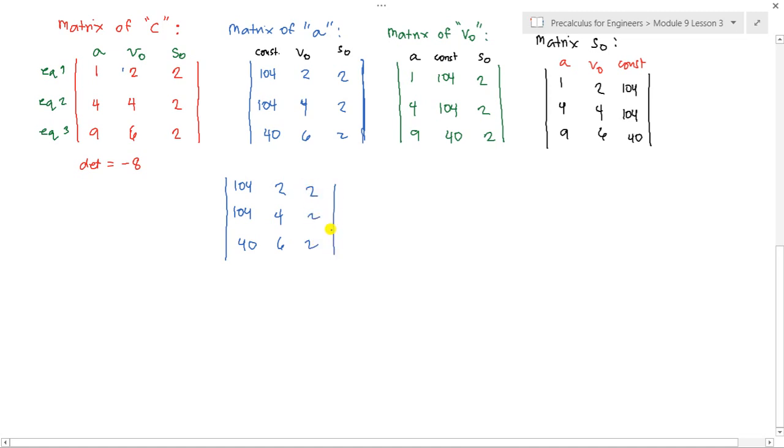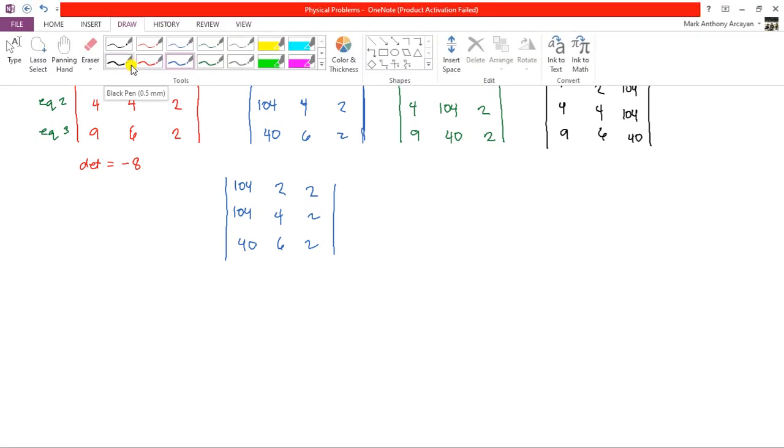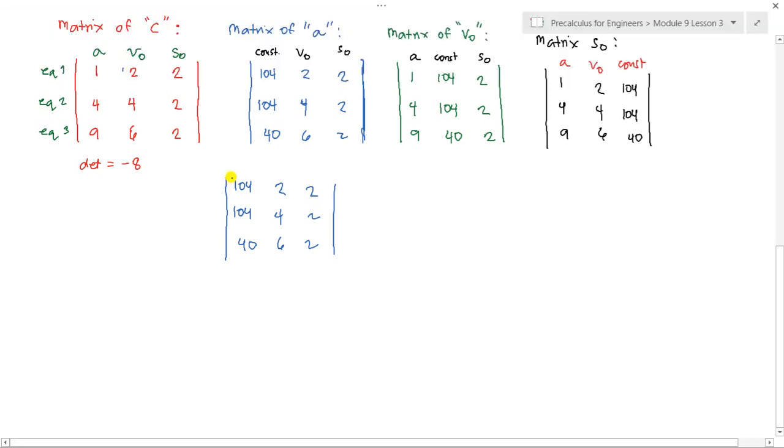Then close. So let's start from top left to bottom right. Again, these cannot be exchanged. You cannot subtract the second first. You must follow that the top left to bottom right comes first. So again, multiply 104 times 4 times 2.